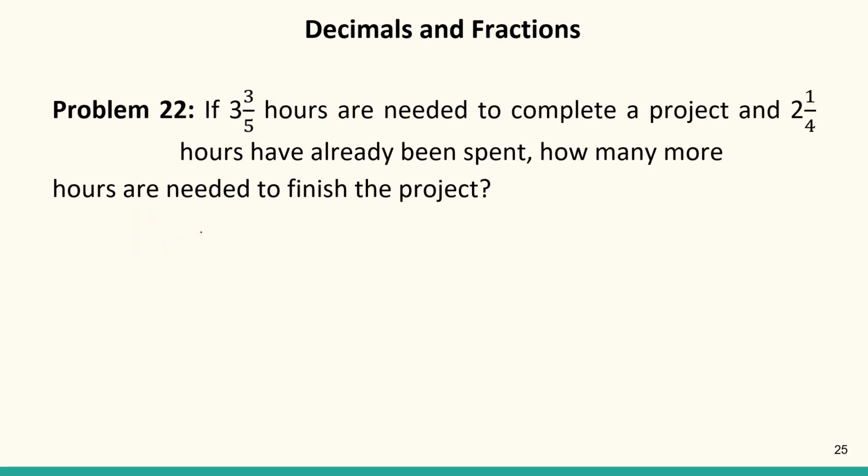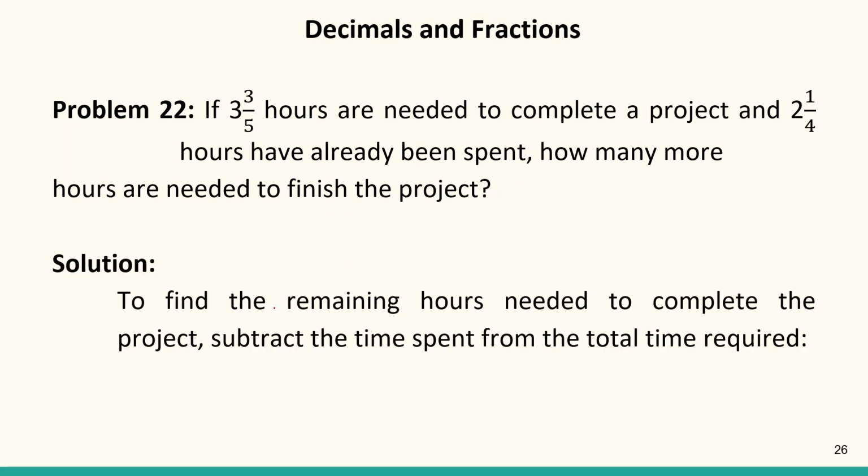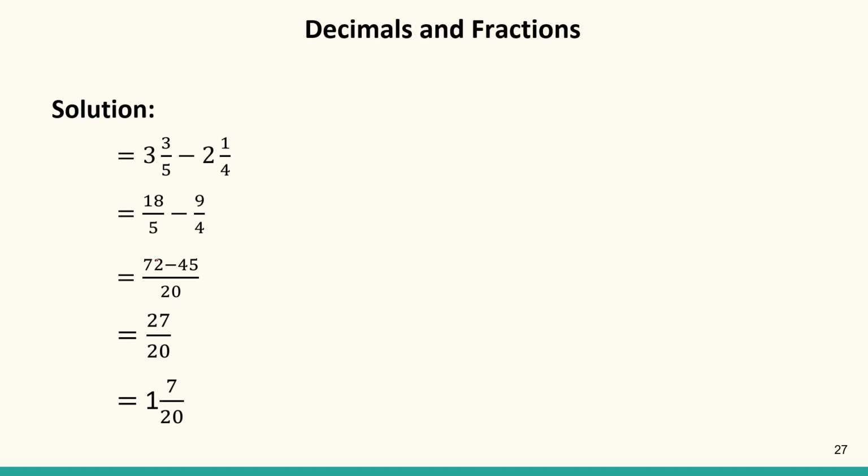So next, if you go to problem number 22, if 3 whole and 3 by 5 hours are needed to complete a project and 2 and 1 by 4th hours have already been spent, how many more hours are needed to finish the project? Okay, so let's see. To find the remaining hours needed to complete the project, subtract the time spent from the total time required. First we convert this to the fractional form.